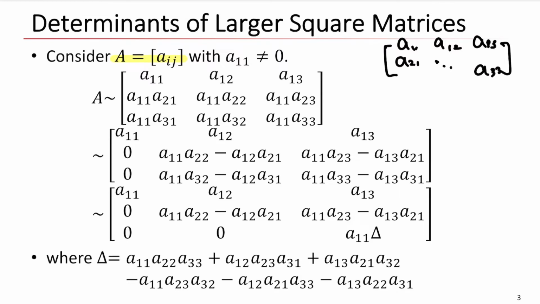Then first of all, let's row reduce this matrix A to echelon form, and see the echelon form of this matrix A.